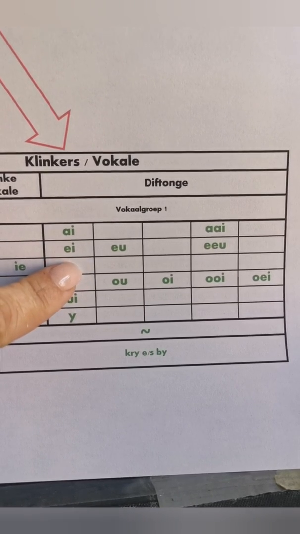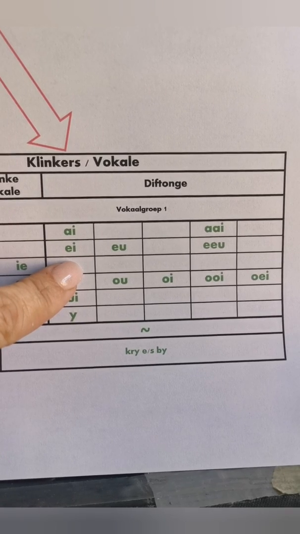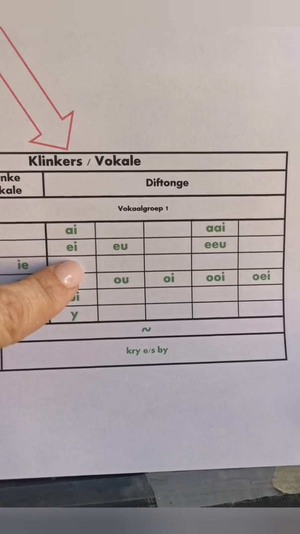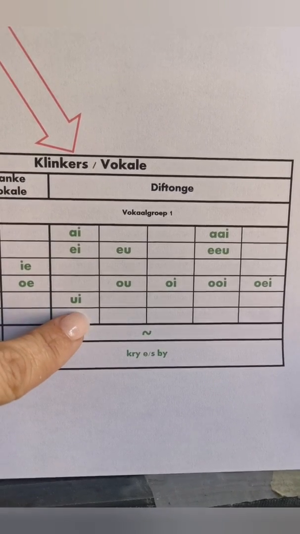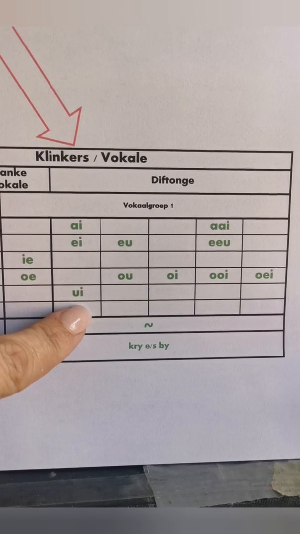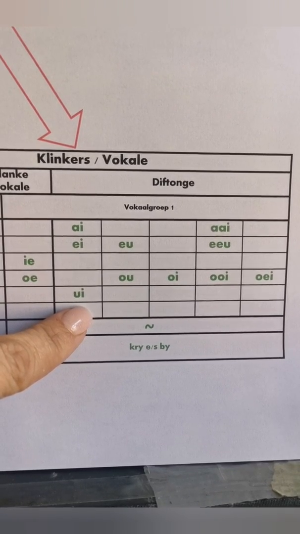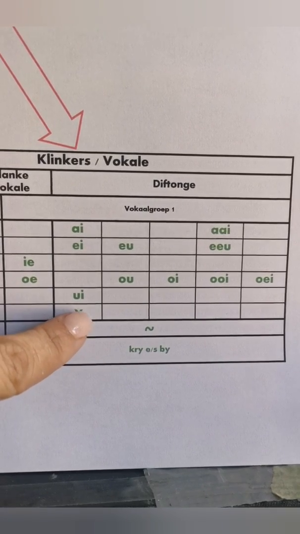This one starts with e, it's two flat sounds, right? Like a smile, big flat mouth. This one says ee. This one starts with a round mouth and ends with a flat mouth. Oi, oi.